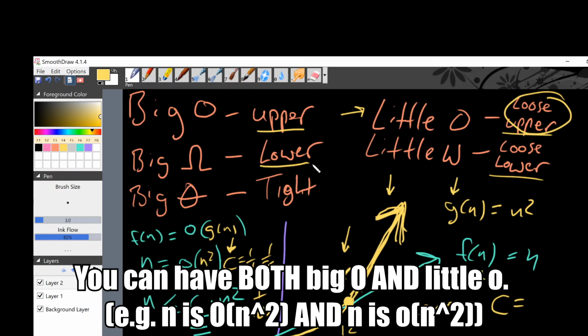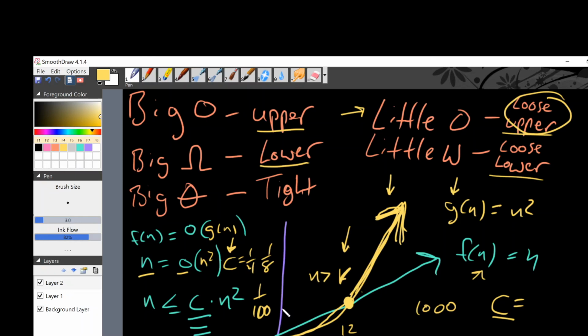And one other thing to point out is it is a little bit unintuitive because little o is a loose upper bound, whereas big O is an upper bound. Big O is really just asking, does there exist some value C where this line is always staying above that line. However, little o is asking, is it always the case, no matter what value of C?